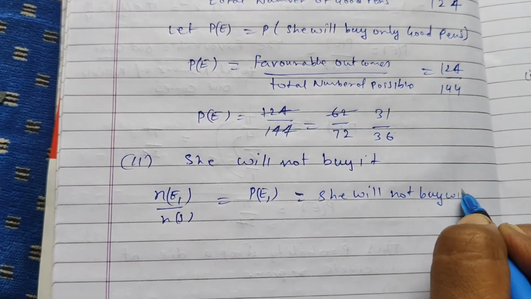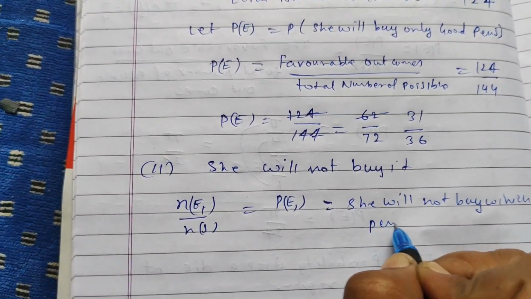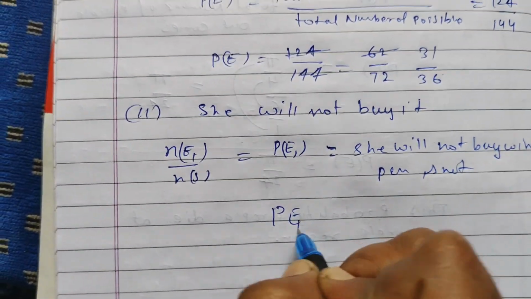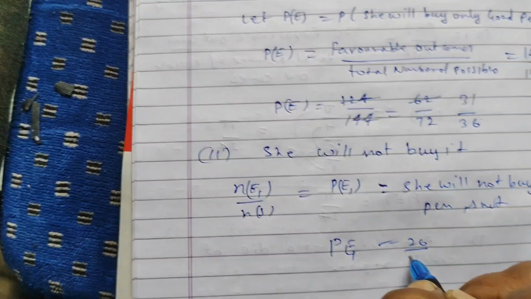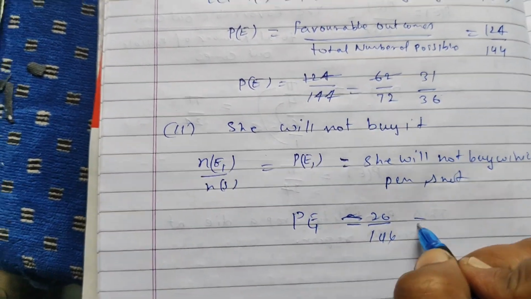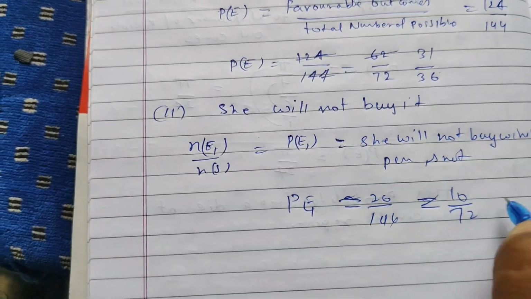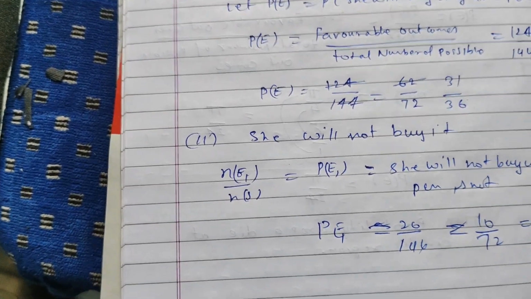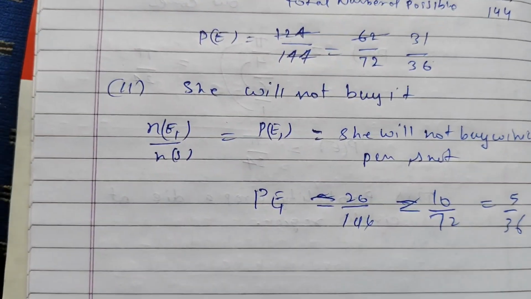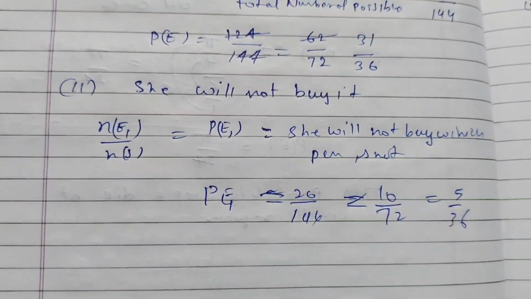She will not buy which pen? The defective pen. So probability of the event is equal to 20/144, is equal to 10/72, is equal to 5/36. 5/36. So थैंक यू. इसका आंसर जो है 5/36 है. ओके.